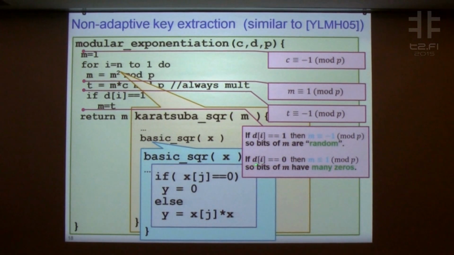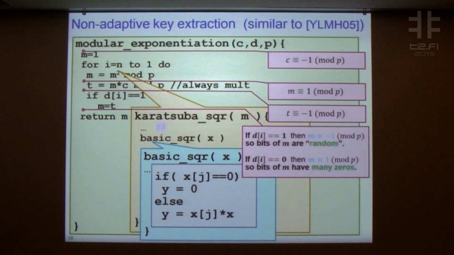And if the bit is 0, then m equals 1. So 1 modulo p is 1. And the binary representation of 1 is a bunch of 0 words and then 1. So this either plus or -1 at this point goes to the squaring operation, and then it becomes the input of the Karatsuba algorithm.